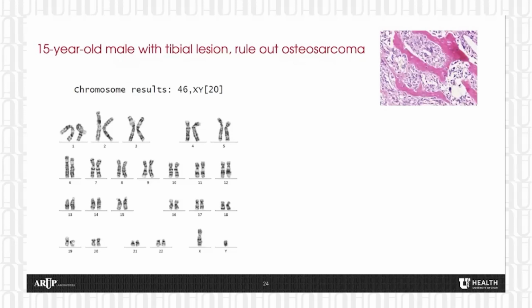Therefore, you need to remember that when cells are cultured, that is an artificial environment, and you have no control over what kind of cell is growing. So a negative study does not necessarily mean that genetic abnormalities are not present.